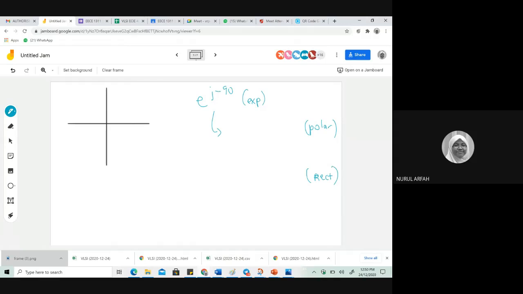How do you draw this J with negative 90 degree? Usually we have a positive phase, right? So maybe you can start with the opposite direction. Usually we have positive in this direction, but since we have a negative 90 degree, you draw the opposite direction.